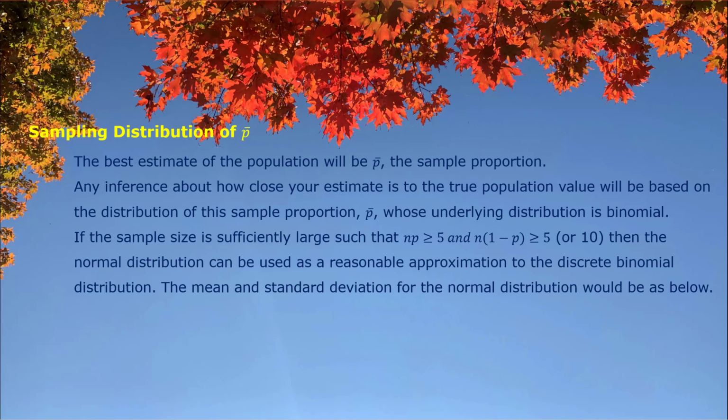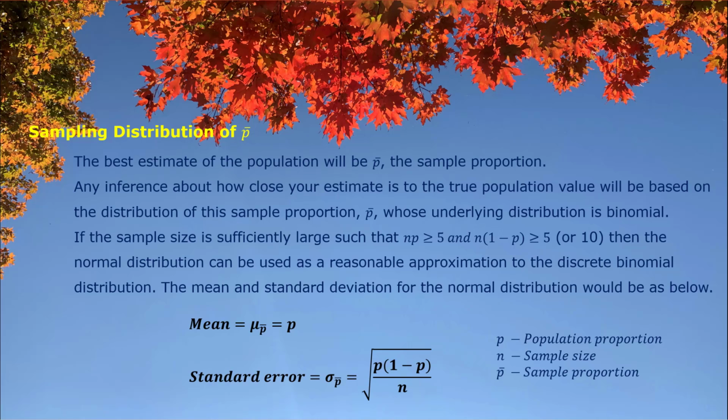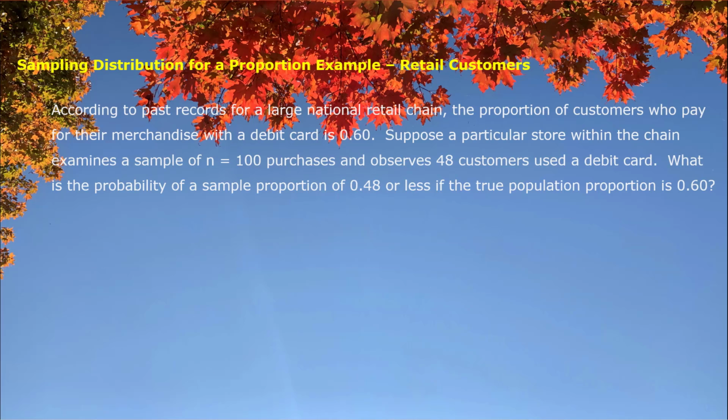The mean of the normal distribution would be the same as the population proportion. The standard error, or standard deviation, for the random variable sample proportion would be related to the population proportion. Here's an example.